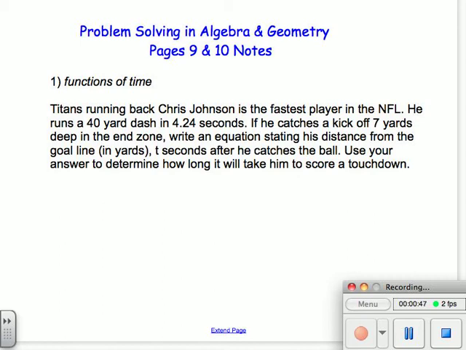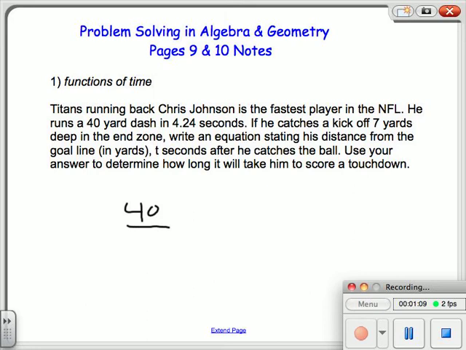So I think the first thing we need to realize is that we need to convert 40 yards in 4.24 seconds into yards per 1 second. So we can realize that 40 yards in 4.24 seconds is the same thing as simply dividing 40 by 4.24 to give us yards per 1 second.